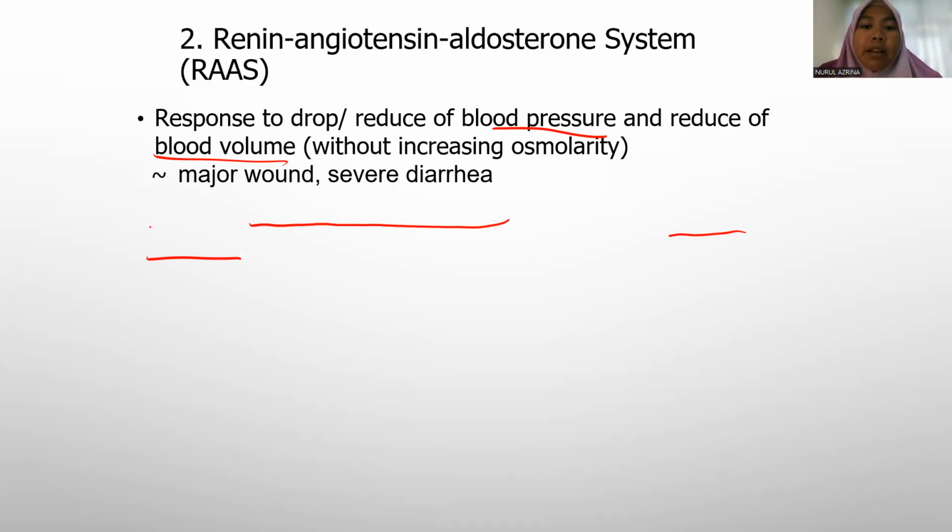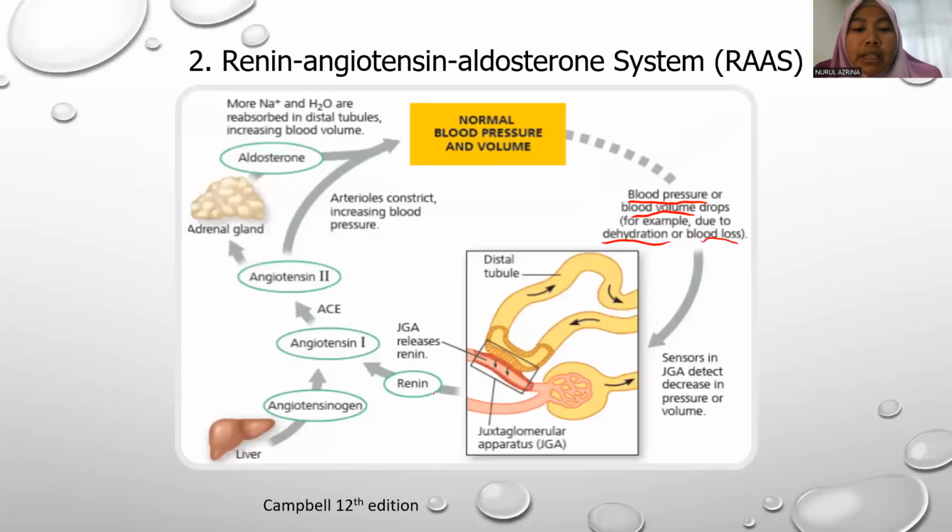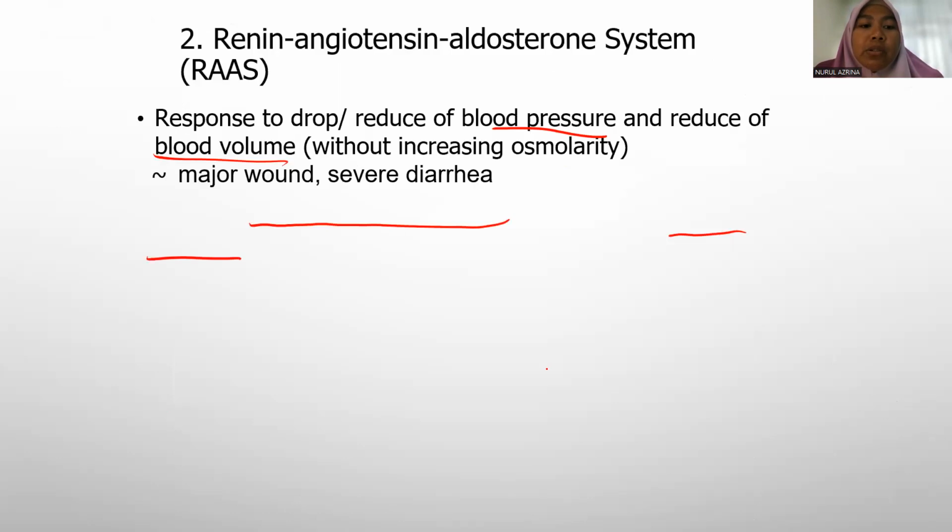Where is JGA? Look here. So this is the JGA, juxtaglomerular apparatus, located at the afferent arteriole.